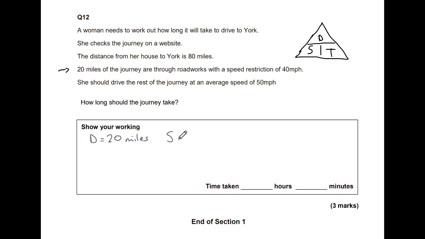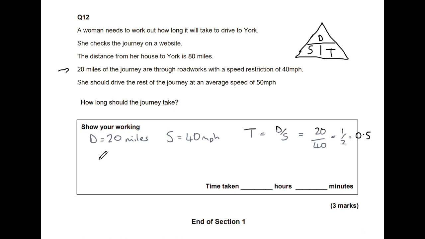And the speed equals 40 miles per hour. So time equals distance over speed, so we're going to have distance divided by speed, which is 20 divided by 40, which is a half, or 0.5.